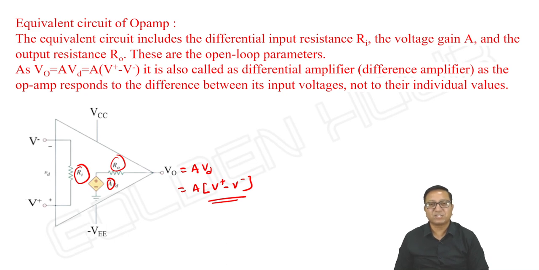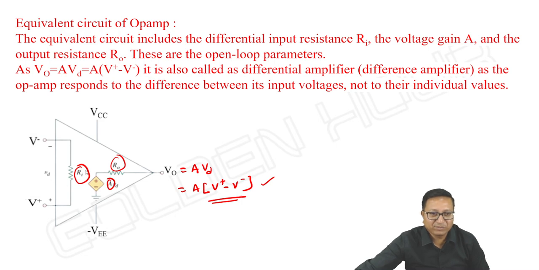Hence the name differential amplifier or difference amplifier. It's not their individual values; it is always responding to the difference of the two inputs. It's not like I'm writing A into V plus or A into V minus. What is the exact equation? This.